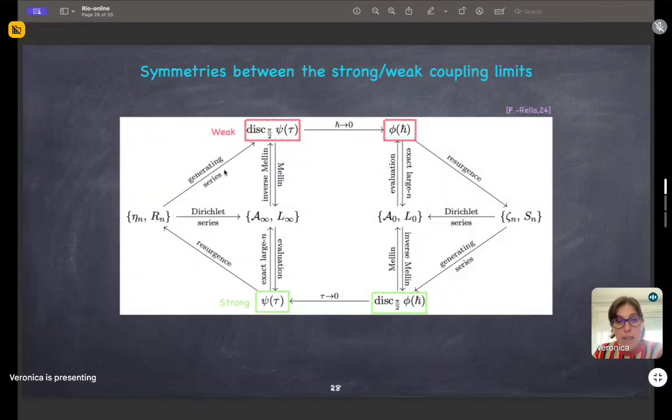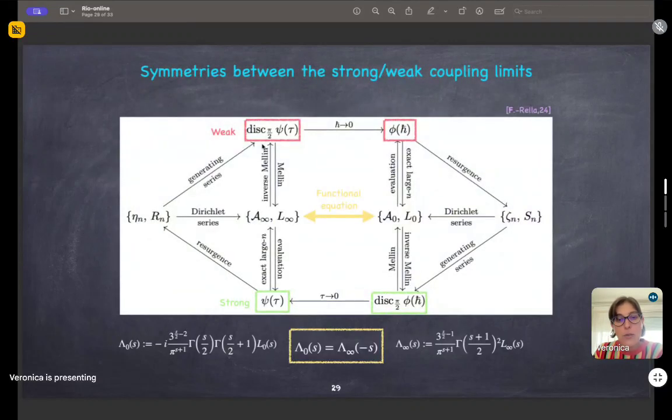The fact that the diagram closed in this nice way was not guaranteed a priori from the structure of the functions themselves, but in fact you can explain it in a very beautiful way, I think, using the functional equation that relates to the L function. For the L functions, after you complete them by defining lambda 0 and lambda infinity, you see that the functional equation is the following one.